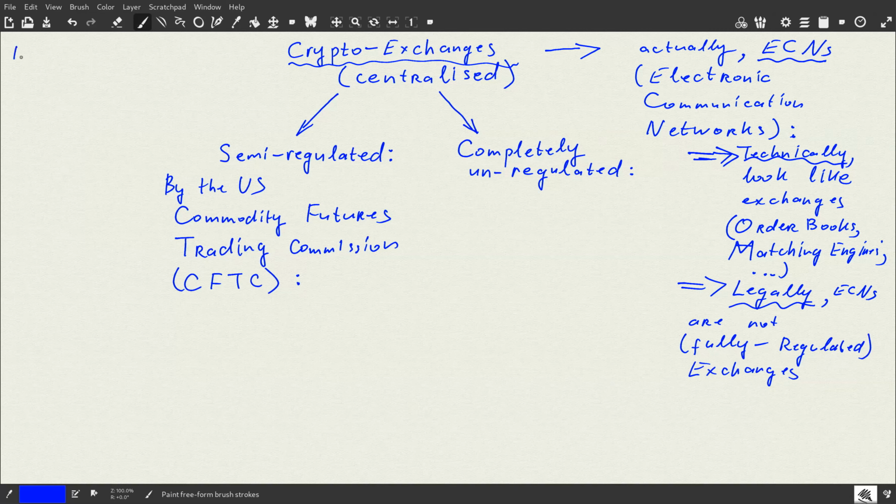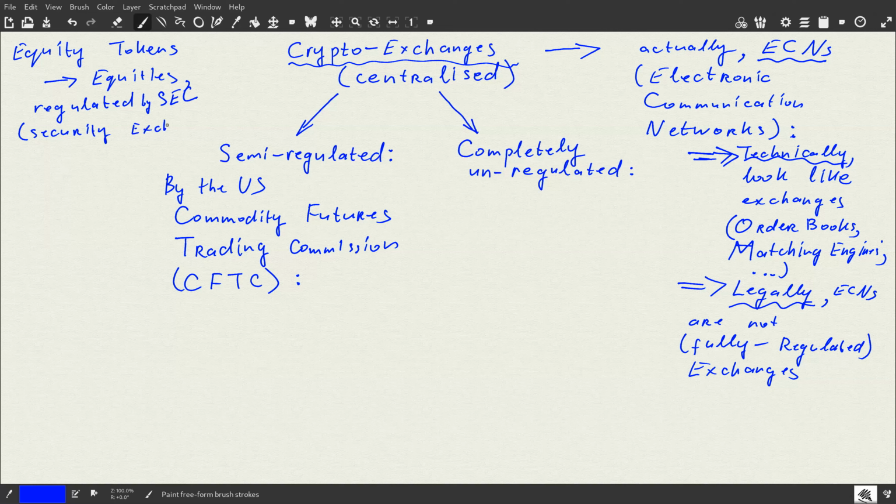So equity tokens, as we have seen, are equities from the legal point of view. And equities are very heavily regulated not by CFTC, but by SEC, the Securities and Exchange Commission in the US.